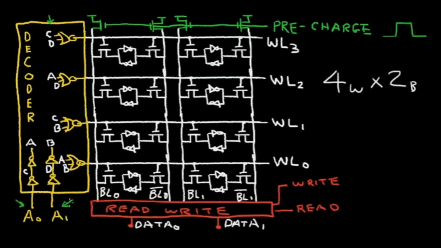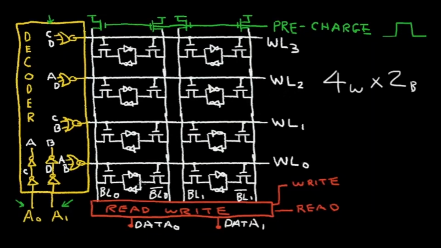And those 2 bits of address information give me 4 different combinations. So, for example, word line 0 is selected when both A0 and A1 are at a logic 0 level. Word line 3 is selected when A0 and A1 are both at a logic 1 level, and so on for word line 1 and word line 2.